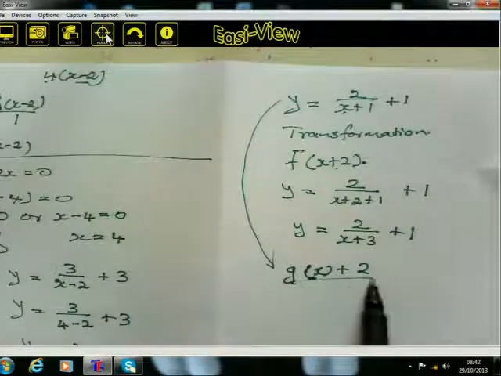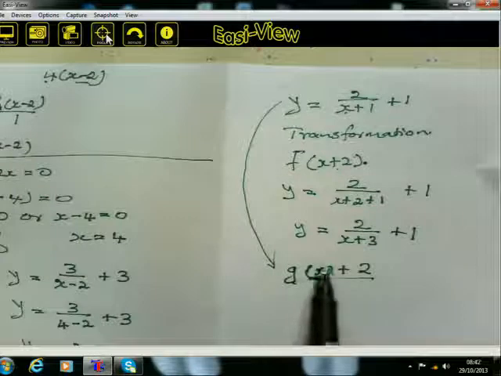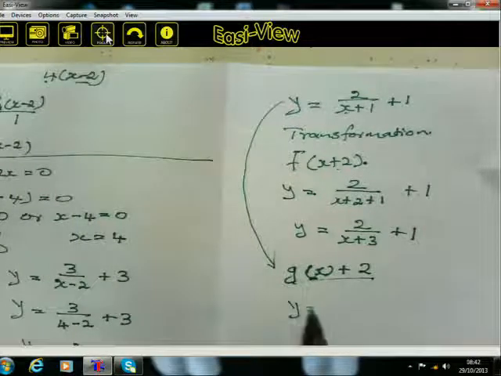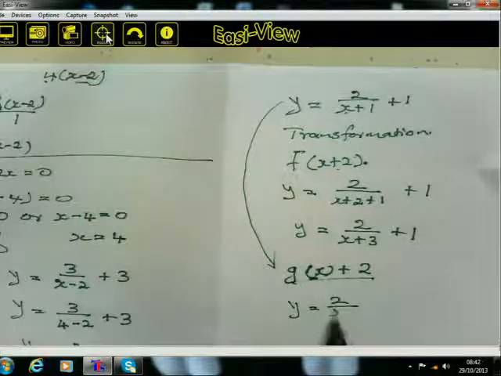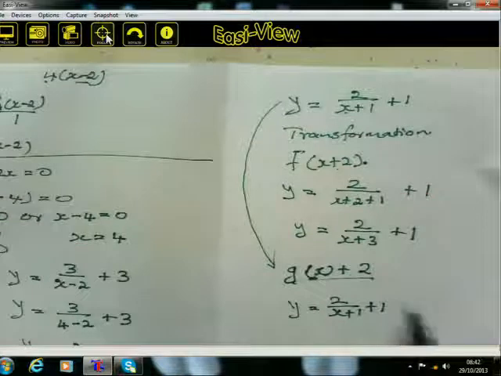But this one, the g at x is, I take f at x there, the graph as it is, which is y is equals to 2 over x plus 1 plus 1. Then I add 2.